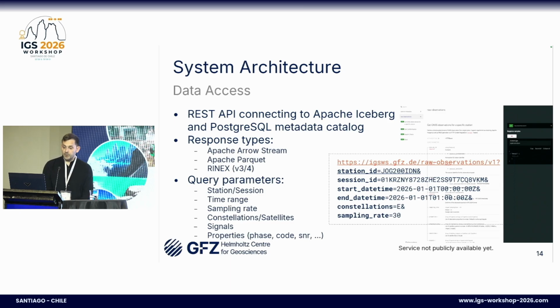And we can query the data by station, time range, sampling rate, constellation or satellites, signals, and we could also just say, give me the properties of phase and code if you're interested in that. The service is not publicly available yet, but I just wanted to have a quick example of how a query could look like.